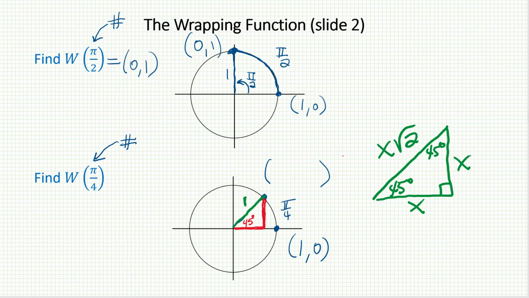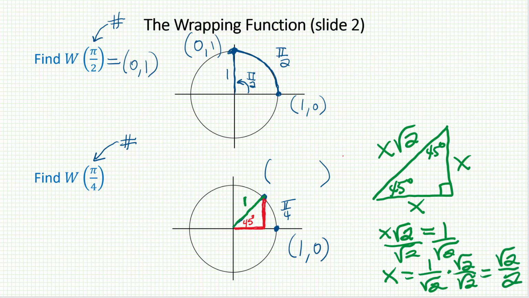That's not going to work here, because here the hypotenuse, the x root 2 side, is equal to 1. I can quickly, though, solve this for x by dividing each side by square root of 2. And now I know that x is equal to 1 over the square root of 2. If I rationalize the denominator, I end up with x equals square root 2 over 2.